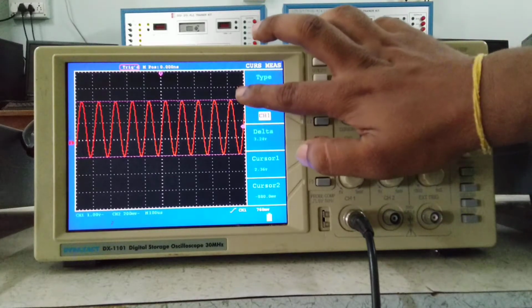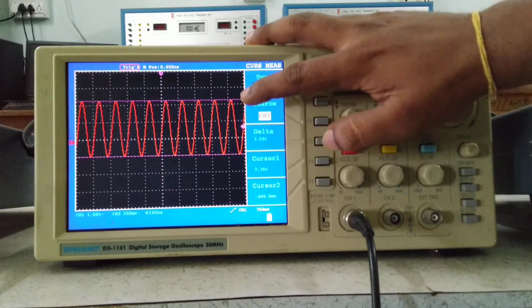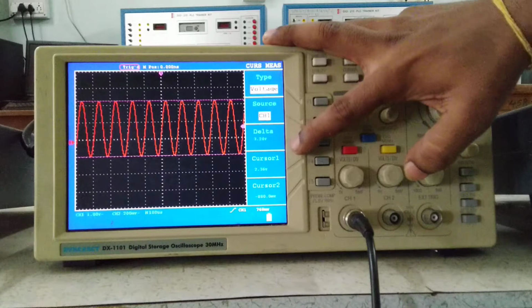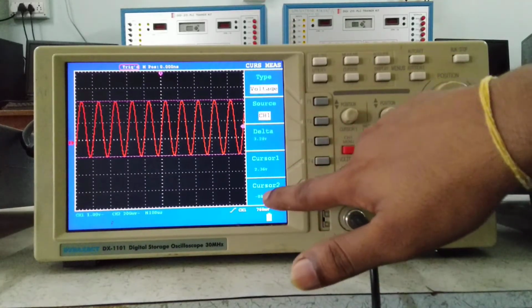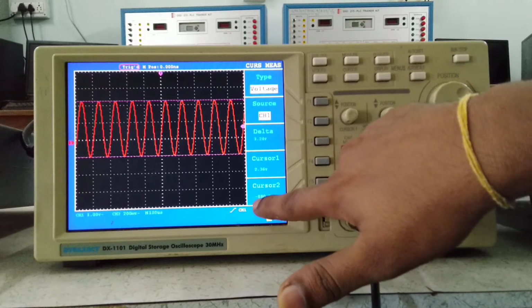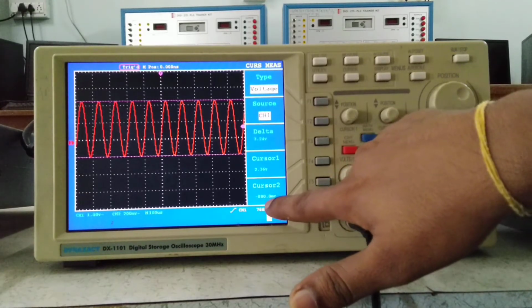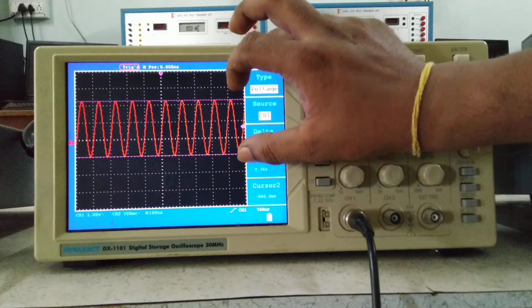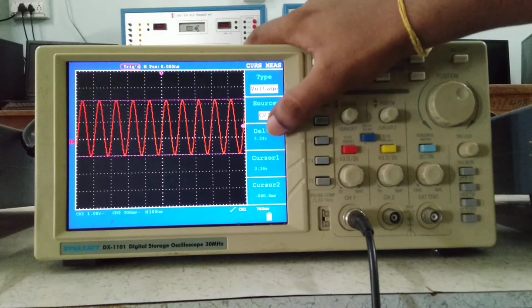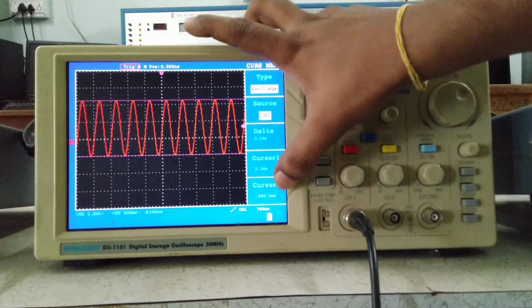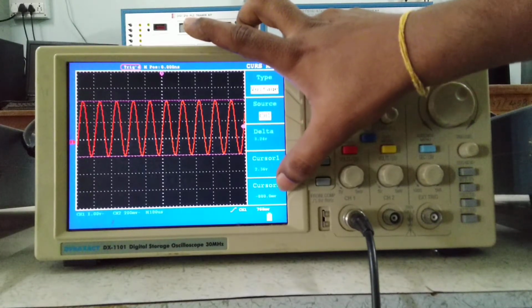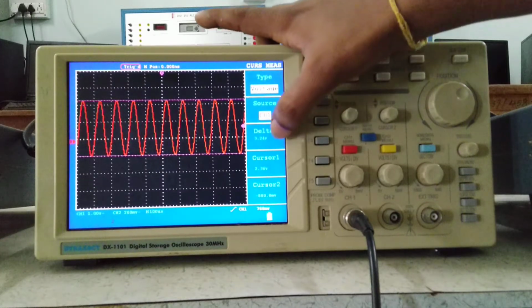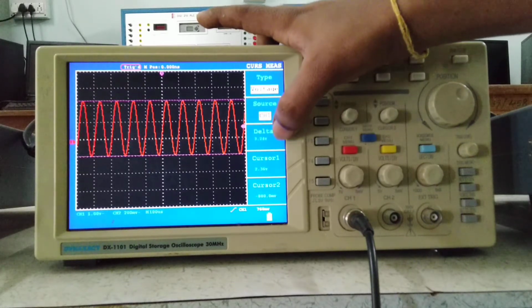These cursors will give us some readings. Cursor 1 is indicating 2.36 volt, whereas cursor 2 is representing minus 880 millivolt. Delta means the difference between these two cursors, which is 2.36 minus negative 880.0 millivolts, so it will become plus, and that has become 3.24 volt.